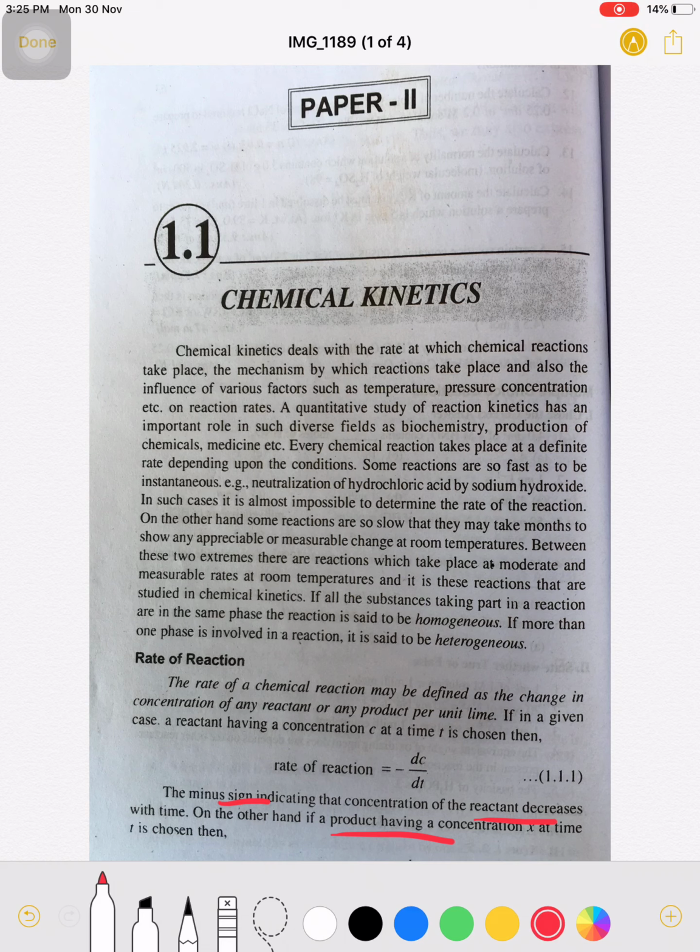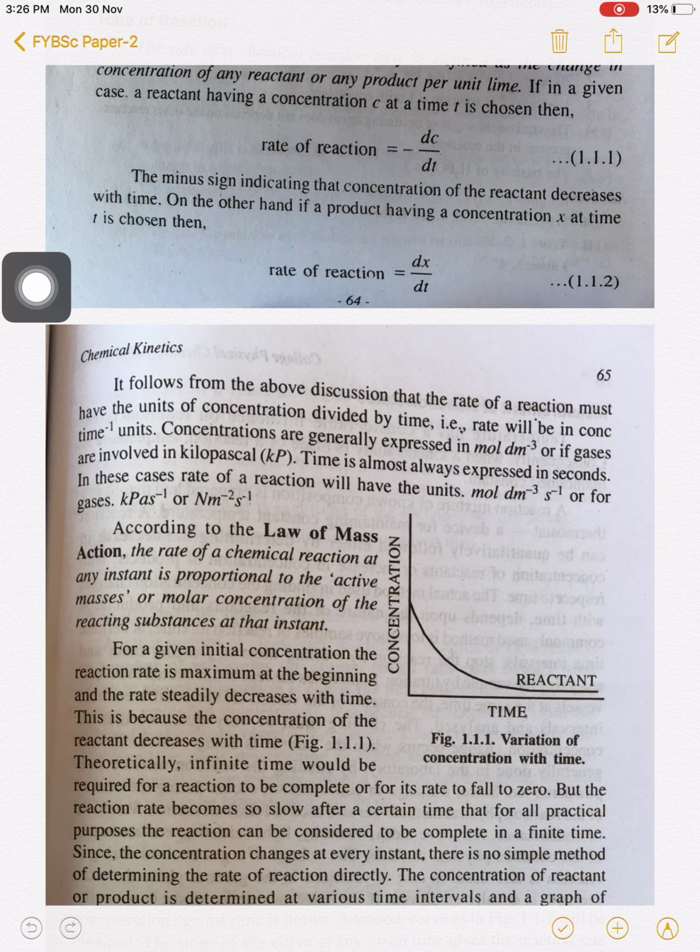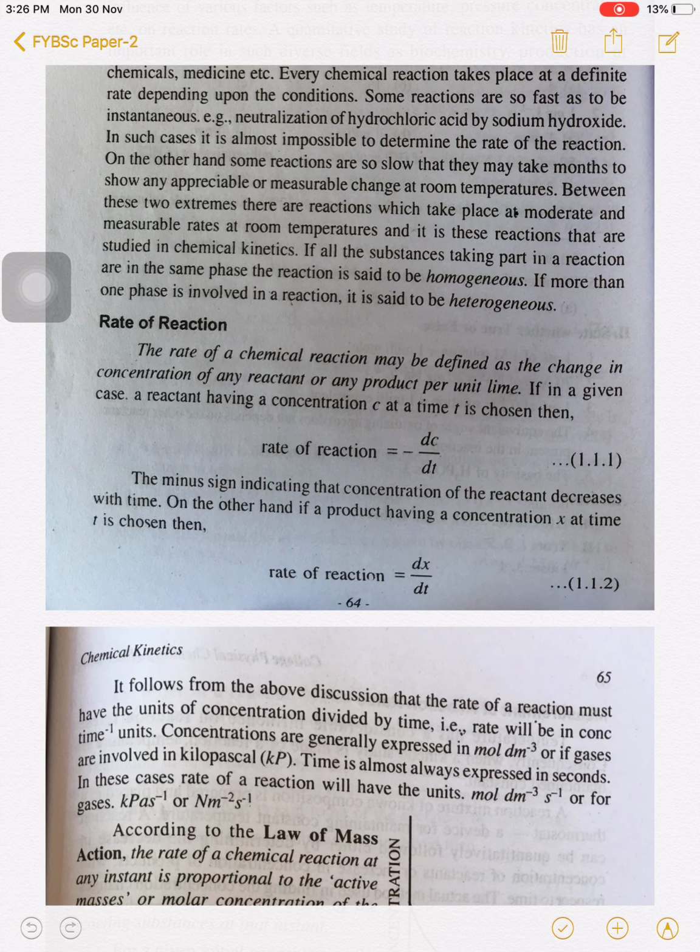Suppose the concentration of product changes with respect to time as x and t, then we can write this equation. Now see here, rate of reaction is equal to dx by dt. So now see this second equation, where the change in the concentration of product is dx by dt. If you see these two equations, in the first equation 1.1.1, the change in concentration of reactant is shown with the negative symbol, that is minus dC by dt.